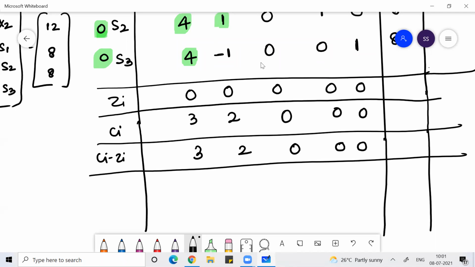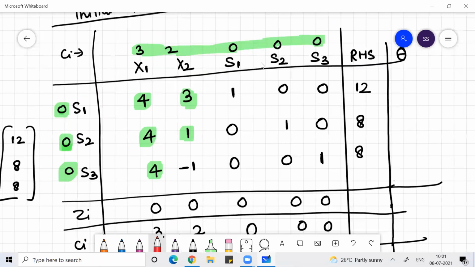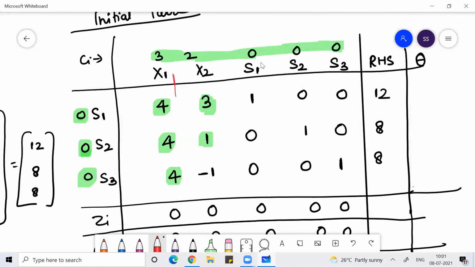Out of all CI minus ZI, pick the one which is the largest. The largest one of all CI minus ZI is for the variable x1. So it means now x1 is going to enter into the solution.